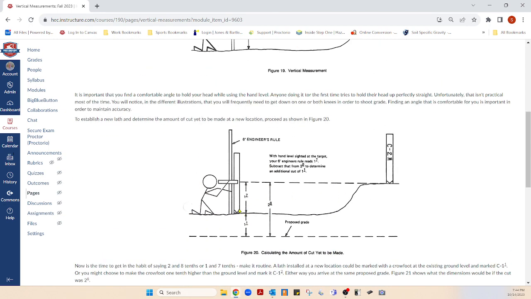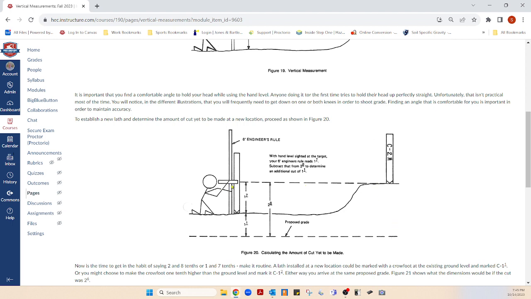Here's the same thing going on, only it shows the lath, or the grade stake. It shows the engineer rule, shows the guy looking through the site at that grade point. Now then, look at this. This has a cut thing here. So from here down to here needs to be a cut, up to an 8/10.